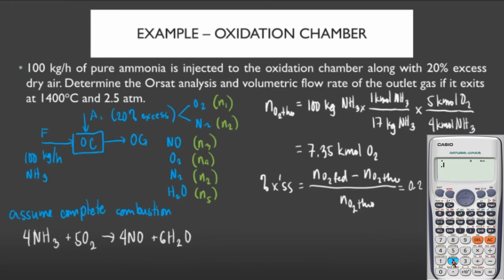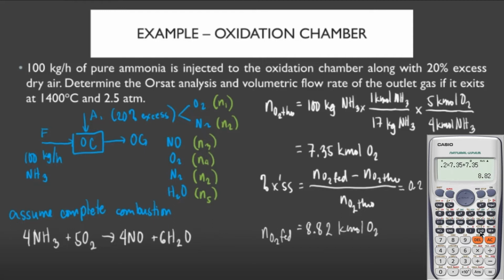That would be 0.2 multiplied to the NO2 theo, 7.35, plus 7.35. The amount of oxygen fed to the process, NO2 fed, is equal to 8.82 kilomoles O2. And of course, since our basis is 1 hour of operation, when you want to convert this to a flow rate, this becomes 8.82 kilomoles per hour.